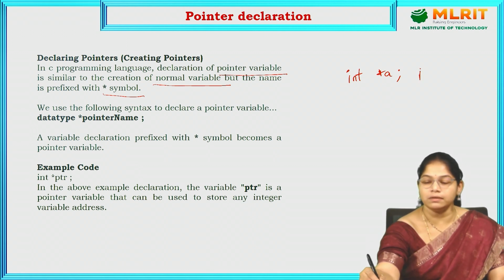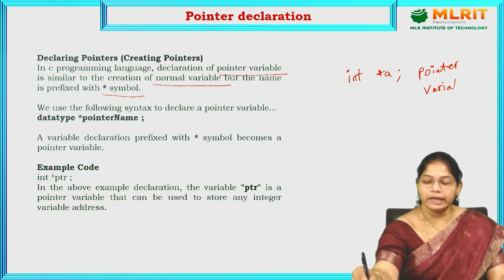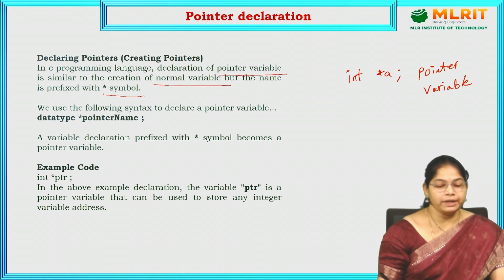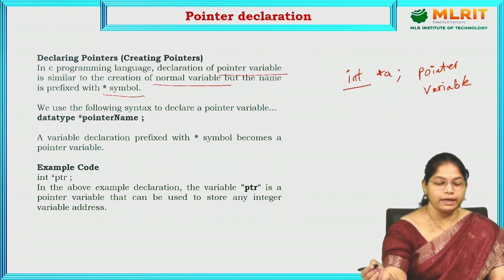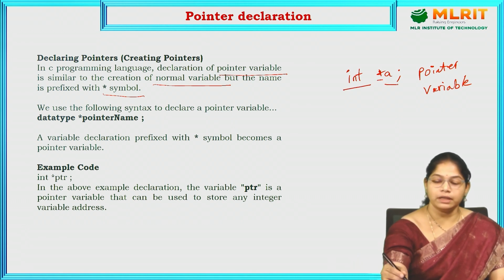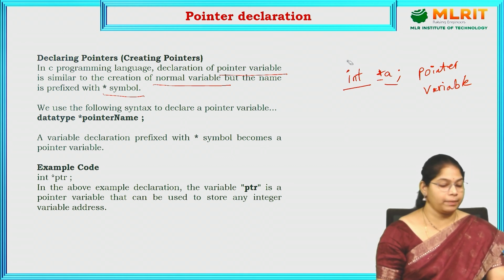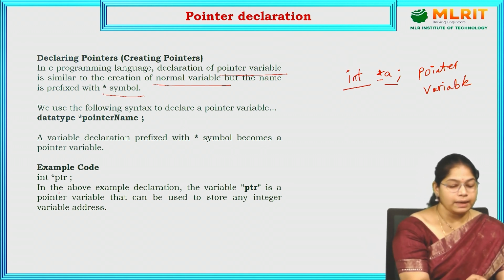Now it is a pointer variable. So the syntax of pointer declaration is data type, asterisk, pointer name. Here the data type is integer: int *A. Example: int *ptr.